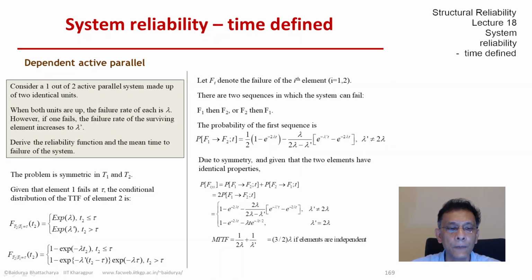And again, we looked at the case where the two units are independent in an active parallel system, and we remember that the mean then was 1.5 times the element mean. So if lambda prime and lambda were equal, it would be 3 by 2 times 1 by lambda. There is a typographical error there, so it's 3 by 2 times 1 by lambda.